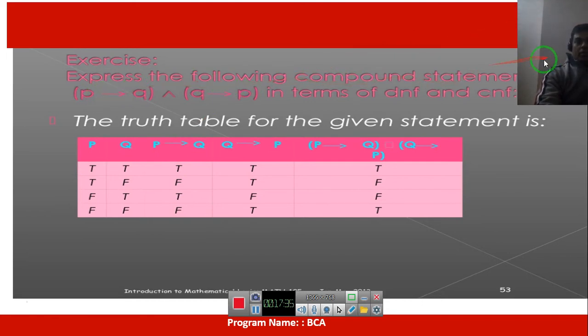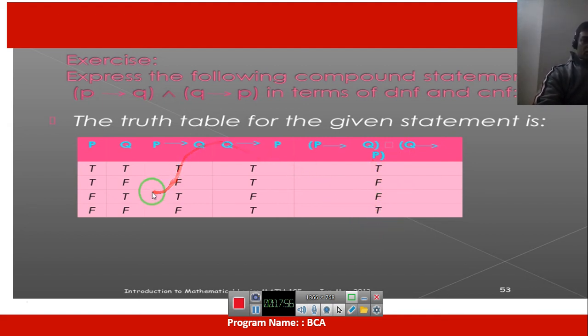Express the following compound statement in terms of CNF. First we make the truth table for P and Q. We find P conditional Q, Q conditional P, and then the conjunction of these two. We should get the table of the biconditional.